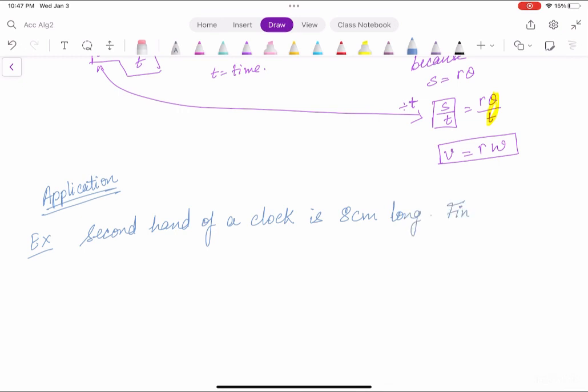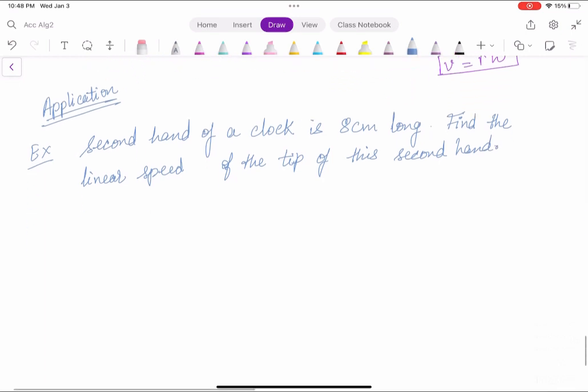And the question wants you to find the linear speed of the tip of this second hand. If you understand the analog clock, it has an hour hand, minute hand, and second hand. When the second hand finishes the whole circle, that represents 1 minute, right? So they are talking about the linear speed.